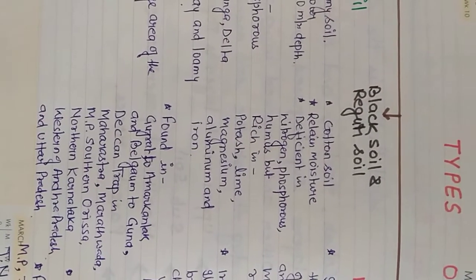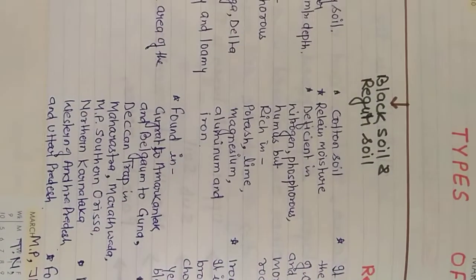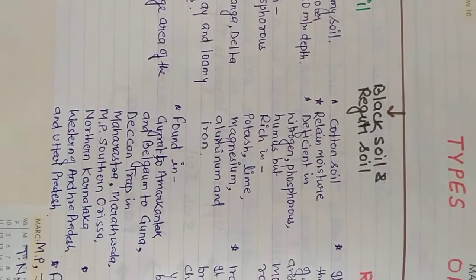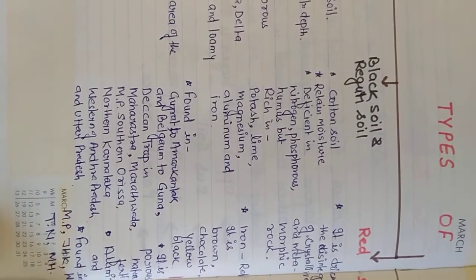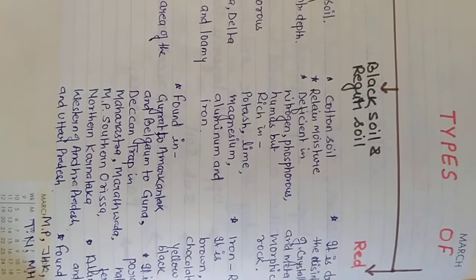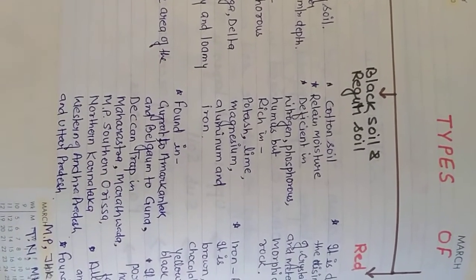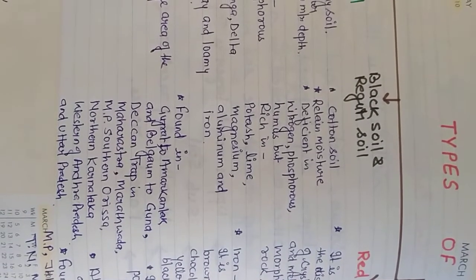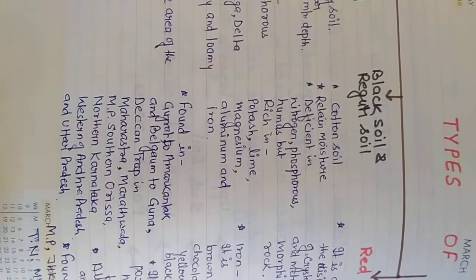Now the second type of soil is black soil. It is also known as the regur soil. Actually, we can also say that this soil is known as cotton soil. It retains some moisture when we add water to it.